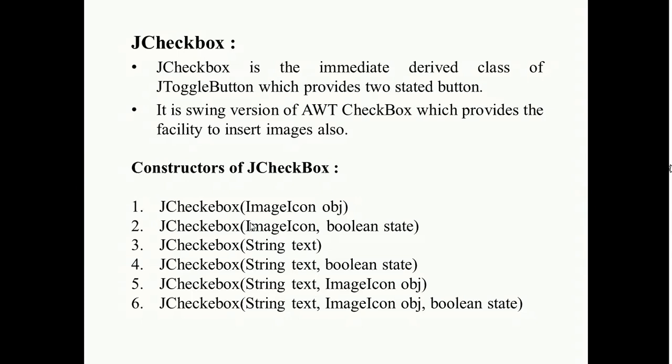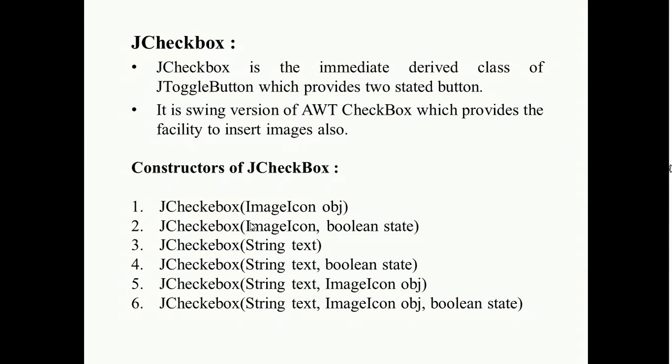The fourth constructor is JCheckBox with 2 parameters, String text and boolean state. Fifth constructor is JCheckBox with 2 parameters, String text and ImageIcon object. And the sixth constructor is JCheckBox with 3 parameters. First is String text, second is ImageIcon object, and third is boolean state.